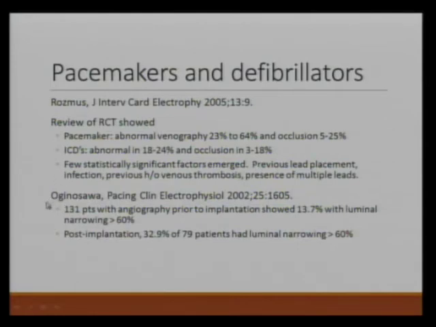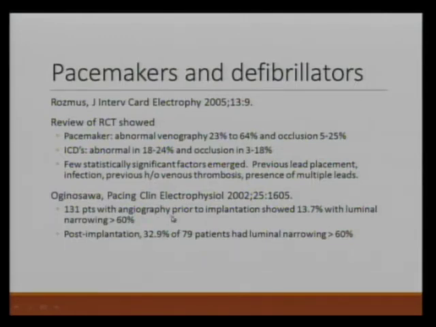This is an interesting study. They looked at 131 patients. They did angiography before they put the pacer in, and it showed that even though they'd never had a catheter or anything in there before, 13.7% had luminal narrowing up to 60%, completely asymptomatic.